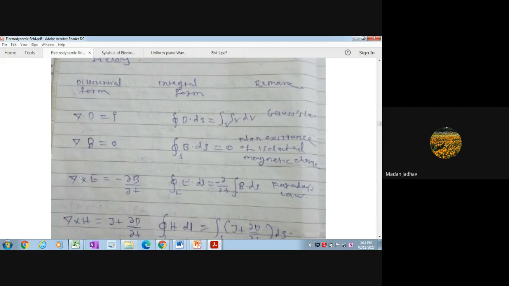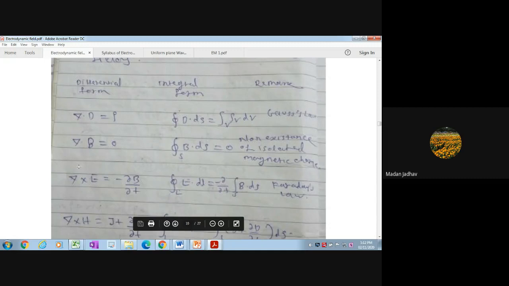Whenever this cross symbol is used, we are saying that the operation is a curl operation. E is the electric field intensity, which is varying with respect to time, and it is equated to the partial derivative, minus dB by dt.